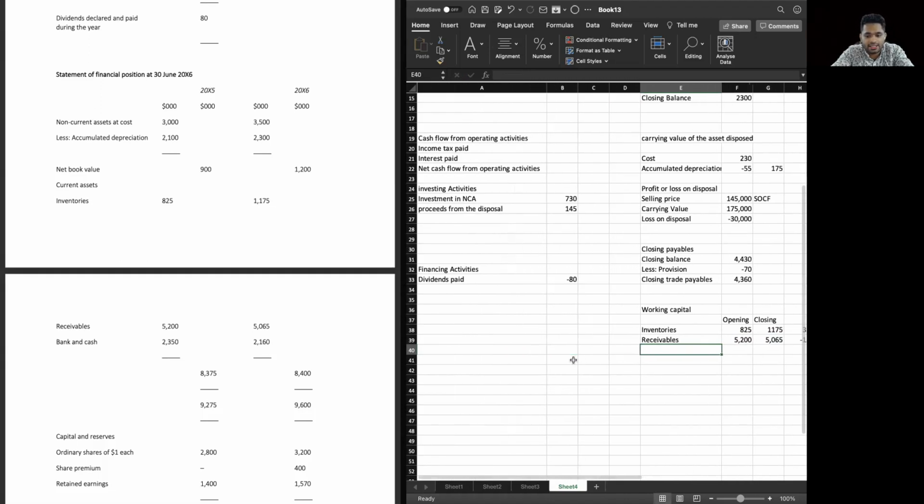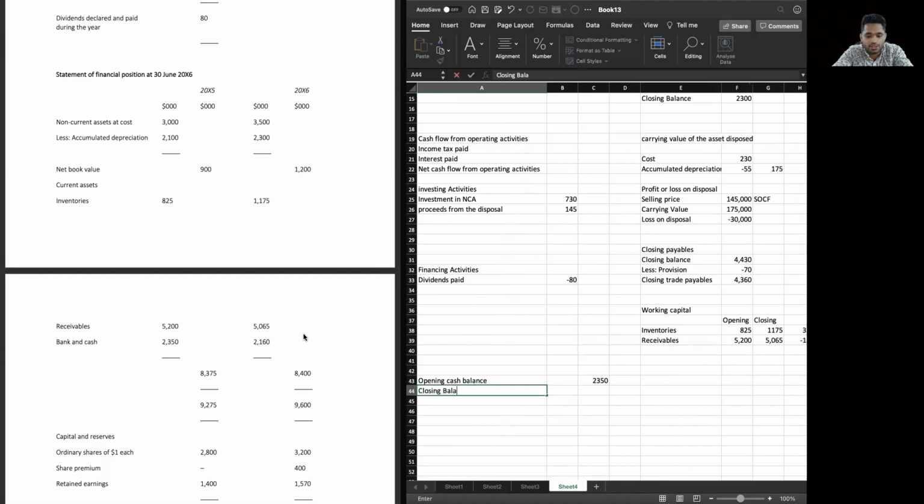Now your bank and cash is actually used at the very end of your financial statement of cash flows. You have your opening cash balance, which is going to be 2,350. So if my cash flow statement is correct, I should end up with the balance of 2,160 as my closing cash and cash equivalent balance.